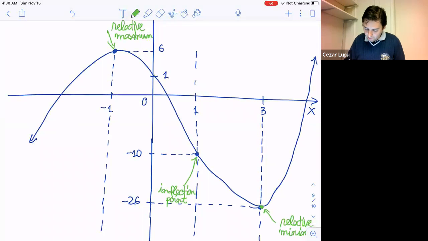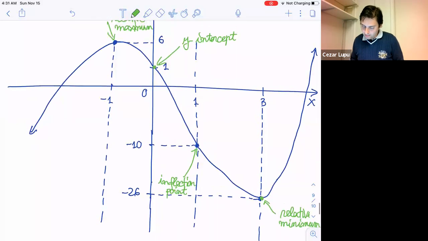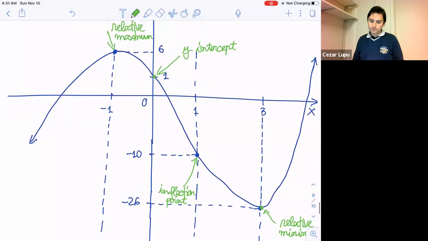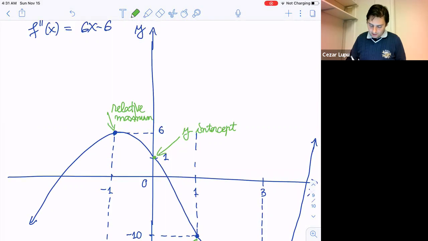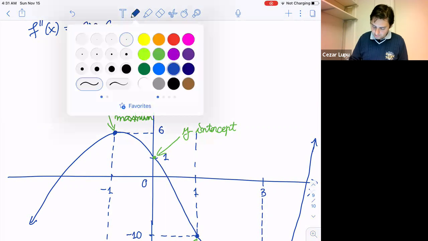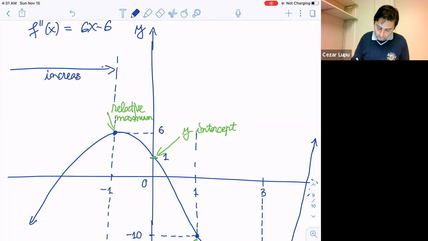So this guy here, let's say this is the y-intercept. All right, so on this portion here the function is increasing, as we have seen.